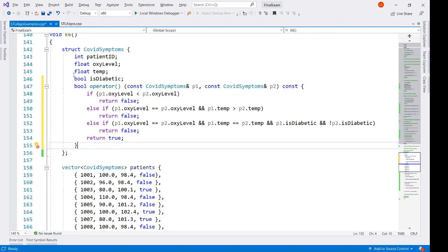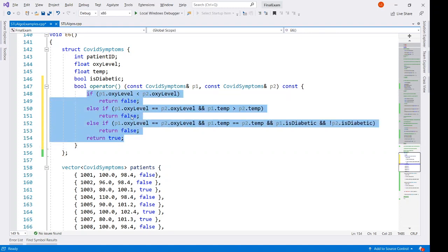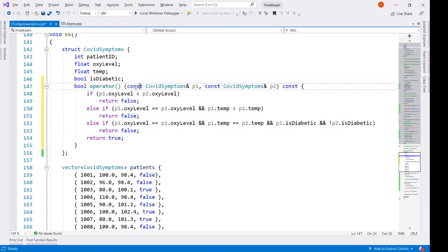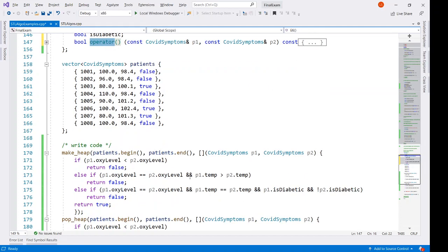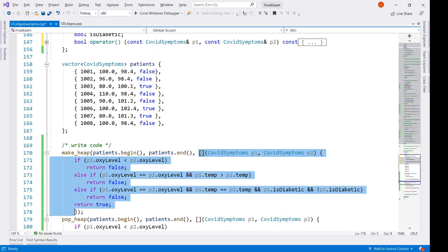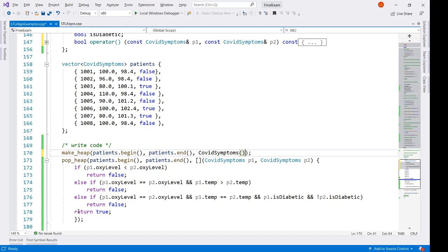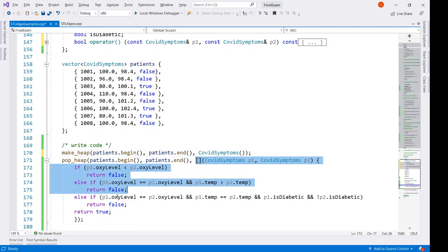So we can move this whole code to a single place where we make COVID symptoms a functor object, and then, instead of this, we can call the COVID symptoms function, and we replace this here as well.